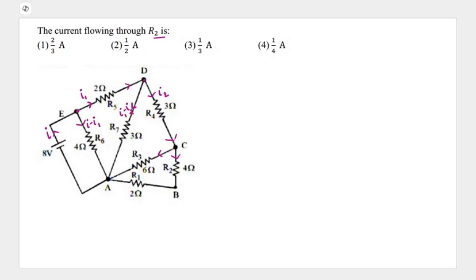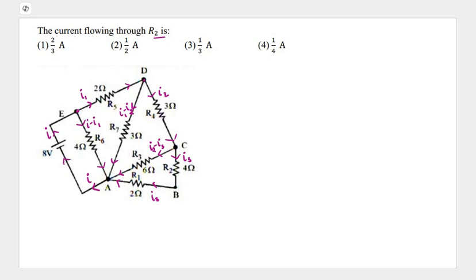Then when I2 reaches here, let's say I3 goes here, then I2 minus I3. From here I2 minus I3 will reach, from here the same I3 will reach, the same I1 minus I2 will reach here, the same I minus I1 will reach here, and finally all together will become I. This is the scenario here.